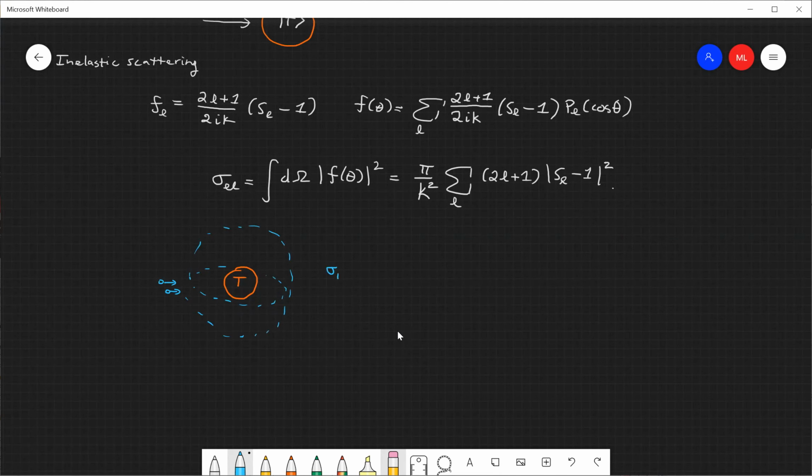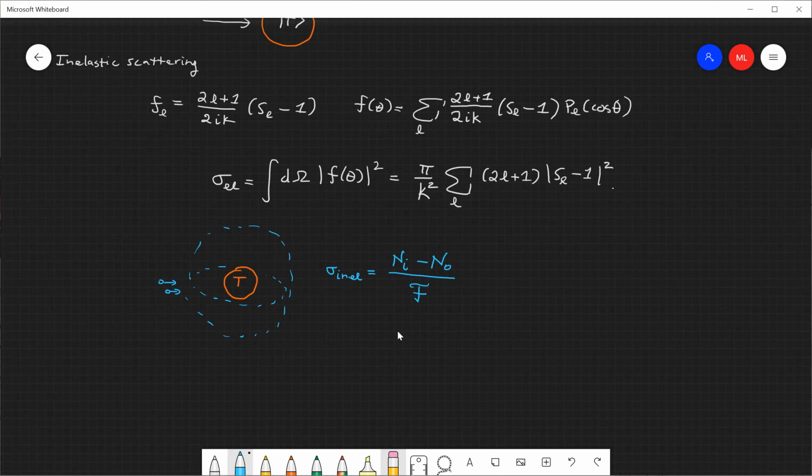So the inelastic scattering cross-section must be given by the difference in the number of particles that come in minus the number of particles that come out, divided by the flux. If you go back to the definition of the scattering cross-section, that's what we have. We can calculate some of these things because we always know the number of particles that come in, since we send in a plane wave.